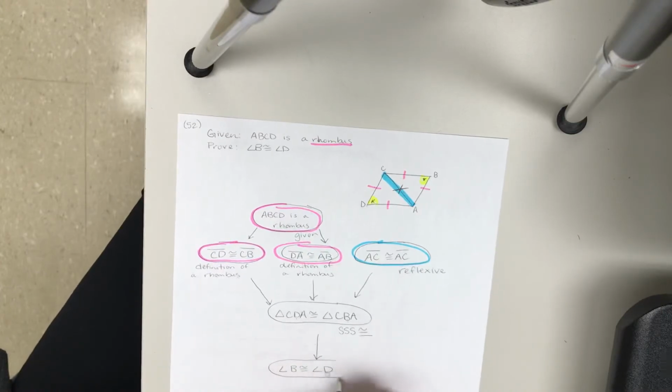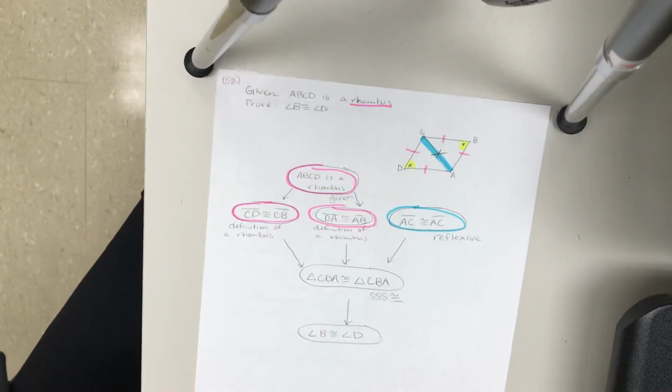Now, this is really important that you write this down and you write it down carefully. The reason is corresponding parts of congruent triangles are congruent.